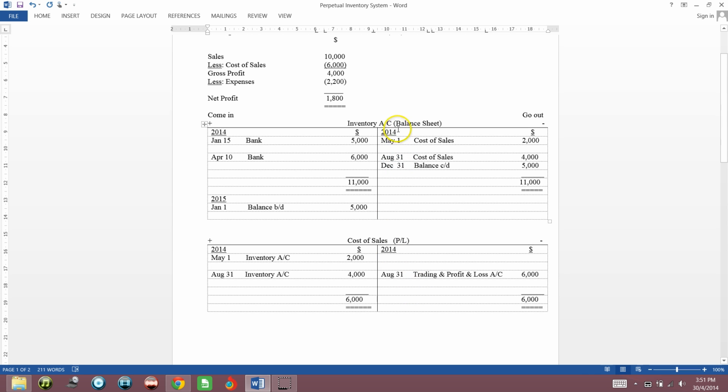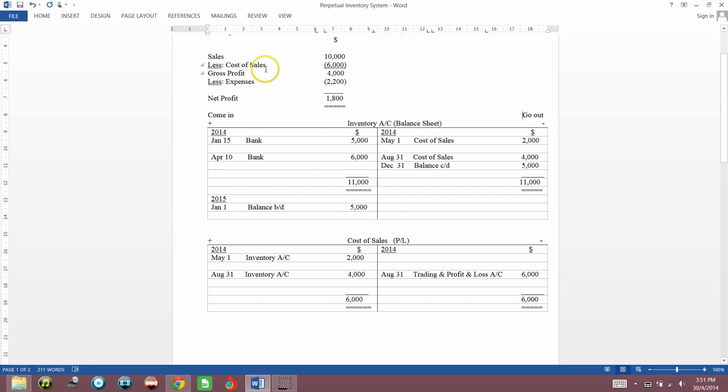Now, on 1 May 2014, I sold inventory costing 2,000. That means inventory of 2,000 was sold. When it's sold, it is by cost already. In the previous video, I explained that you have not incurred the cost until the item is sold. When it's sold, it transfers to the cost of sales account.